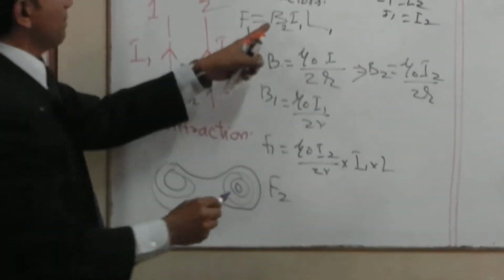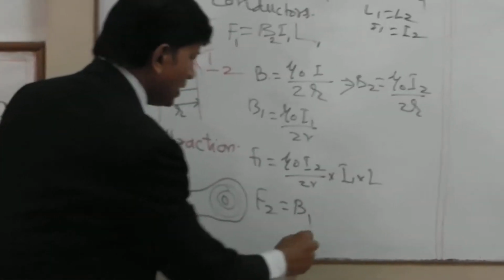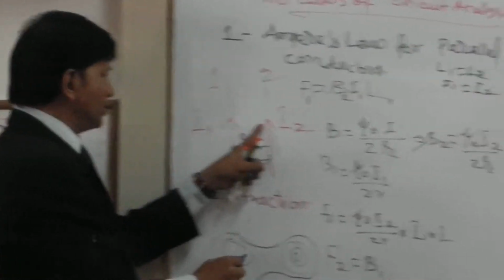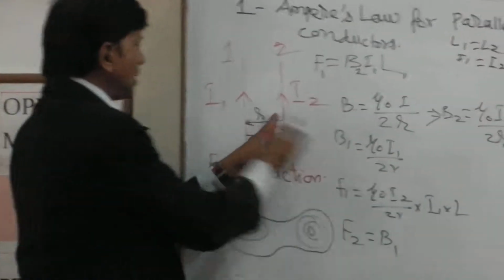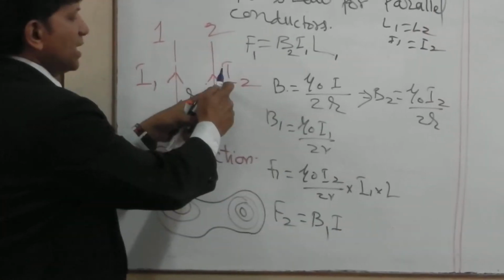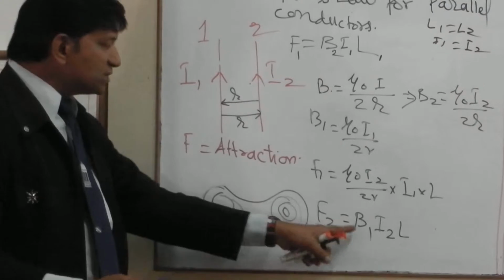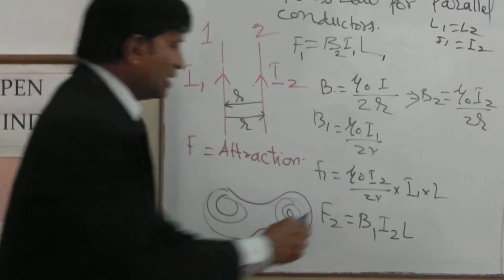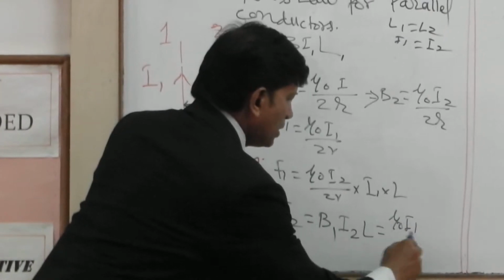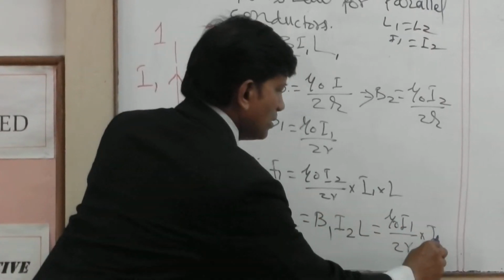F2 is B1 I L, where B1 is supplied by this conductor and I is the current carried by this conductor, I2. L2 is the same as L. But what is B1? We have already written. Let us substitute. B1 is mu0 I1 upon 2R, into I2 L.